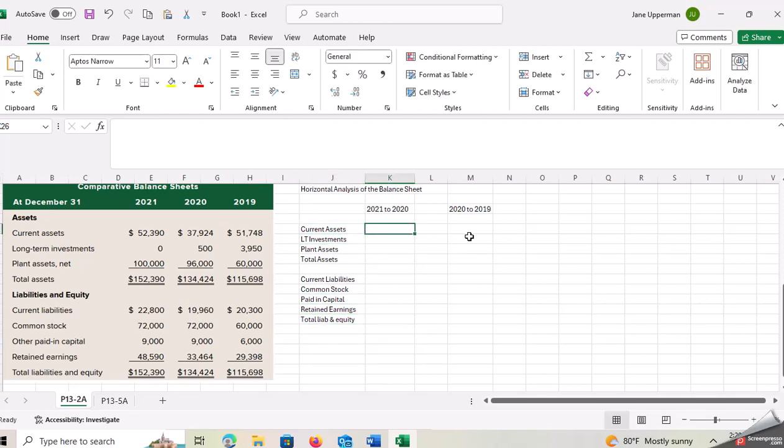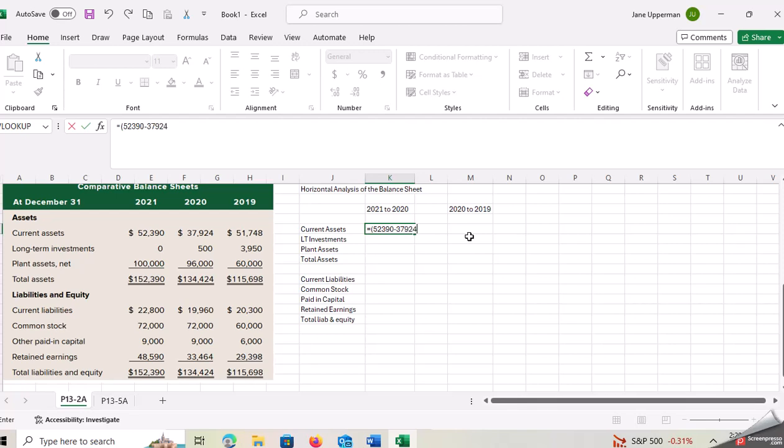Then we're going to do the same thing that we did above. When we're going horizontal, we're always looking at the change. So again, using our parentheses, 52,390 minus 37,924. Solve for that first, so that's why they're in parentheses. Then divide by the 37,924.